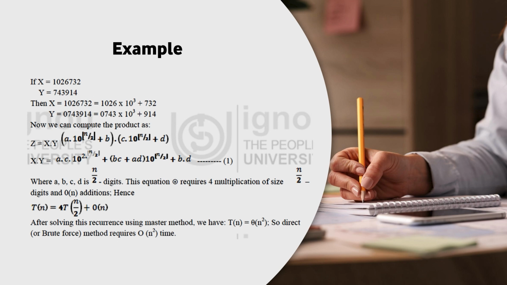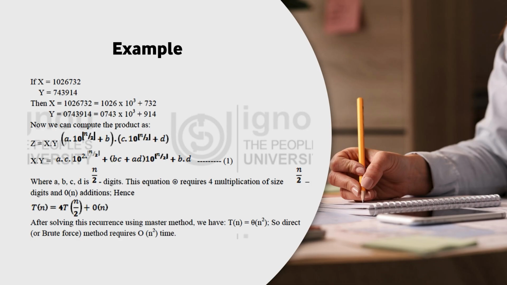Similarly, in the case of 743914, we added a 0 there. So the 4 digit part multiplied by 10 raised to power 3, plus the other part, gives the original number. What we are actually doing is taking the digits and dividing them into two parts. If the length is even, you can directly take the half, but if it is not even, you take the ceiling value.